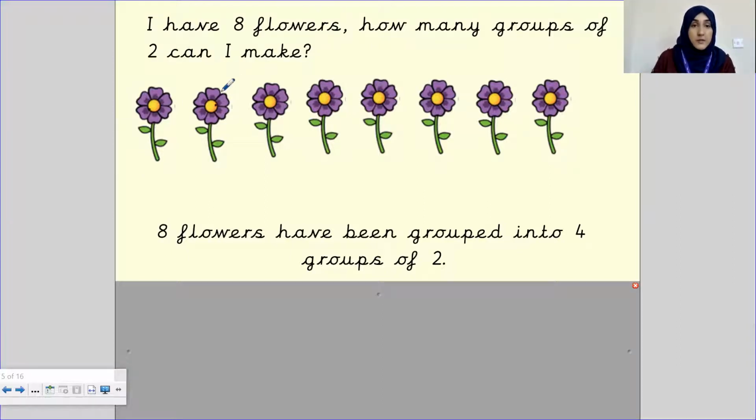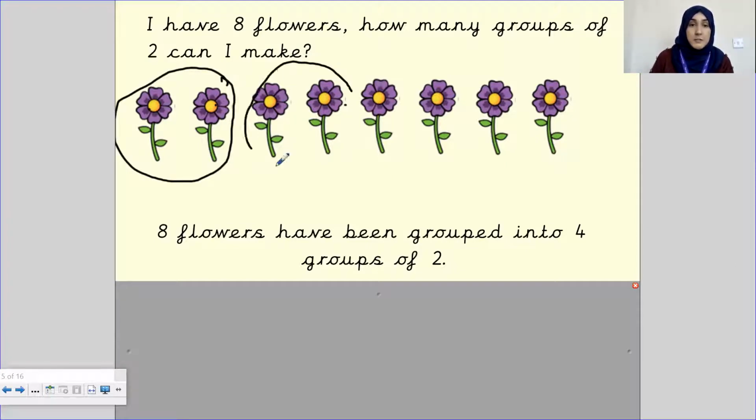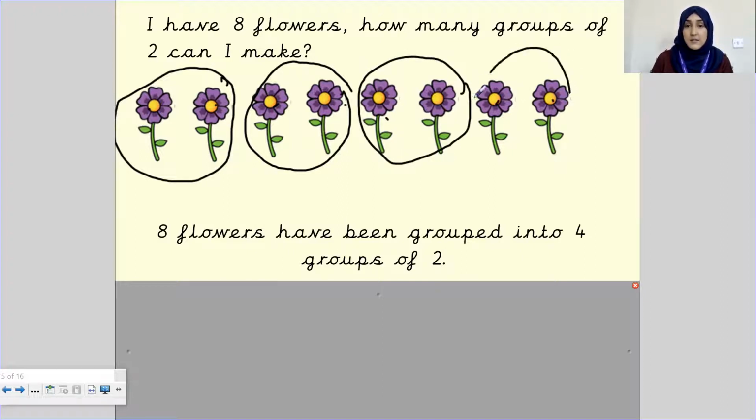So that's one group. Here I've got 1, 2. So that's another group. Now I've got 1, 2, and here is another group because there's 2 in here. And I've got 1, 2, and here is another group. So 8 flowers have been grouped into 4 groups of 2.